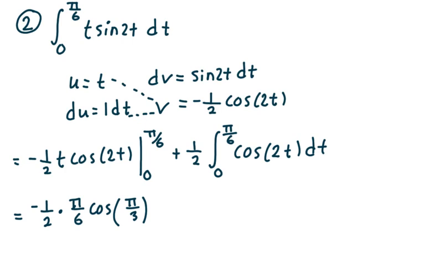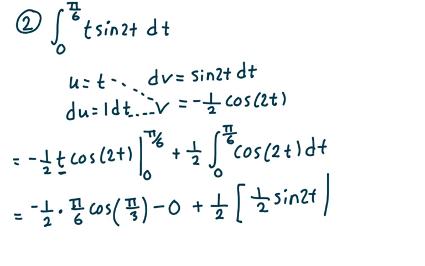Then I'm going to go minus, and then when I replace t with 0, I get 0. Doesn't matter about the rest. Then I'm going to go plus 1/2 of 1/2 sine 2t, evaluated from 0 to pi over 6.